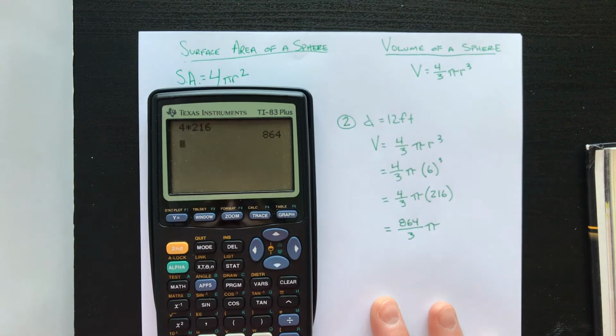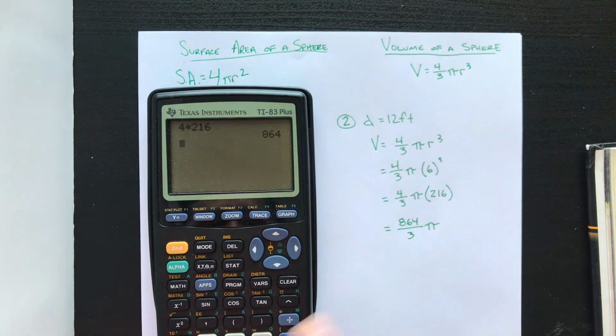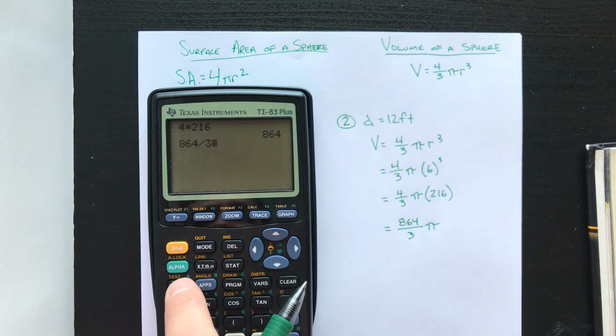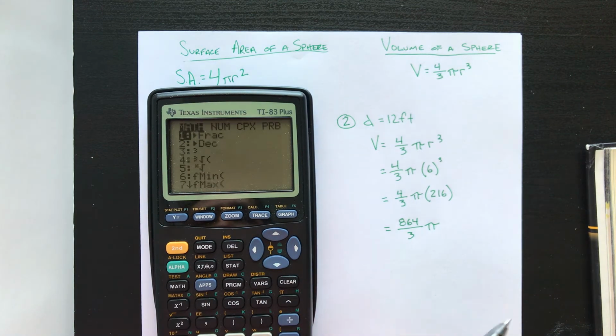And at this point, you can do 864 divided by 3, and your calculator will reduce it. If you see that number 1, frac, so it's 288.